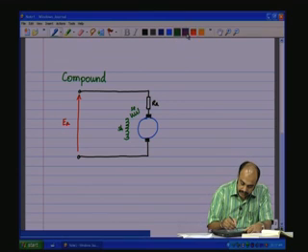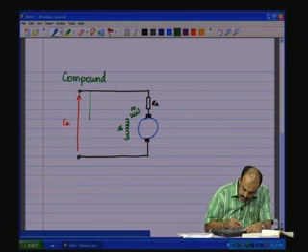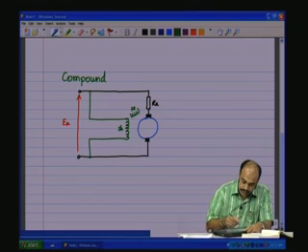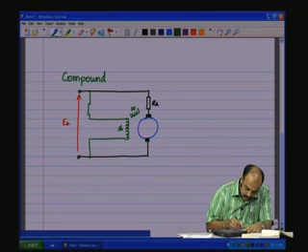So, the shunt winding and the series winding are connected in a fashion as shown, that is, we have the shunt winding which is connected across the applied source, and of course, we need to have an RF here, R shunt.